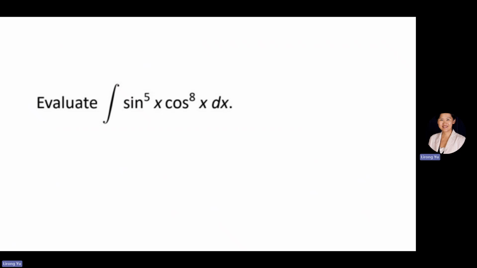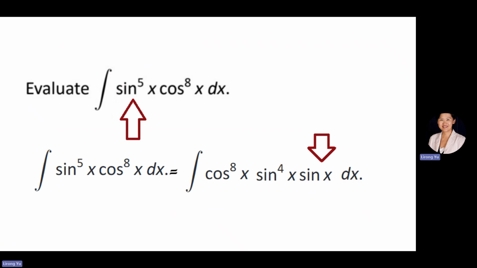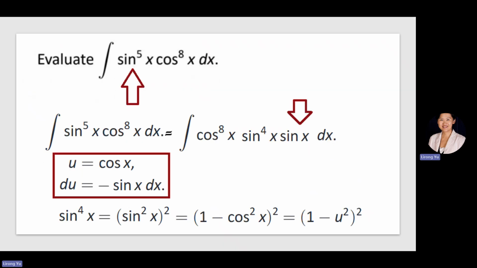That was the first example, where we have an odd power multiplied by an even power for cosine. The method is to factor out the odd power. Now we have a single sine that made it possible for us to do a u substitution. u equals cosine, so du equals negative sine x dx. That's our negative du.